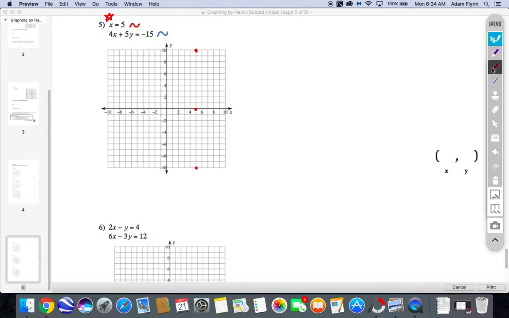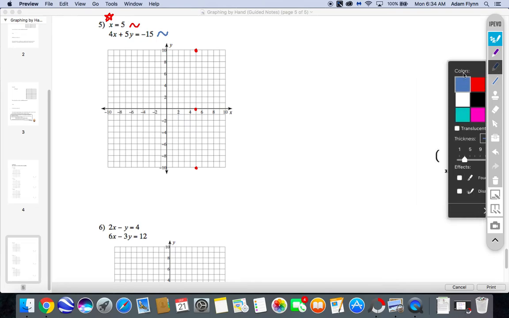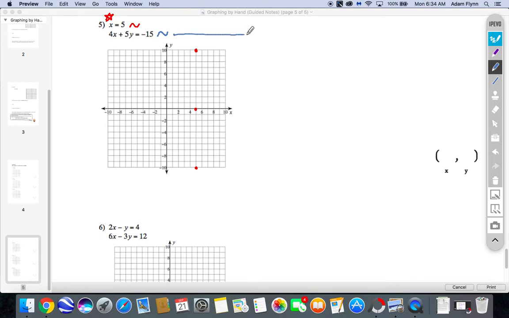Okay. Now for my blue line, I'm going to have to do a little bit of algebra here. So I will rewrite the equation. 4x plus 5y equals -15. I want to get the y all by itself. So first step is going to be to move over this x.